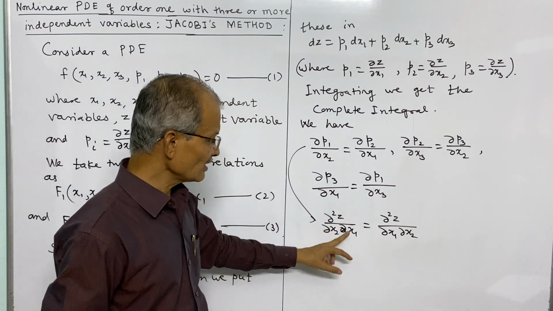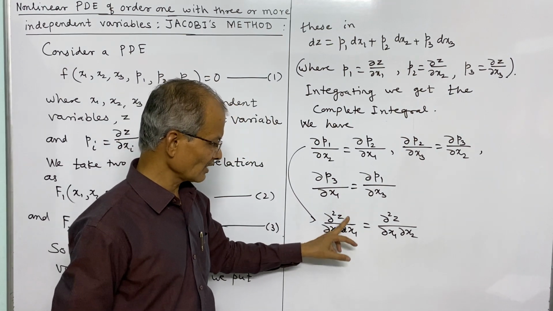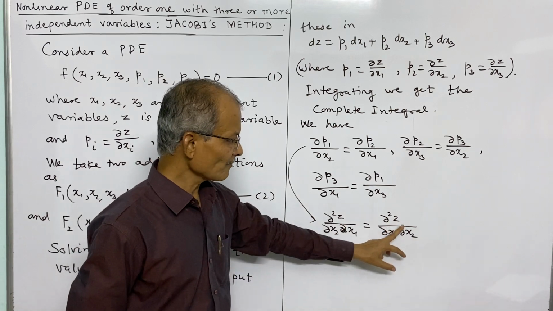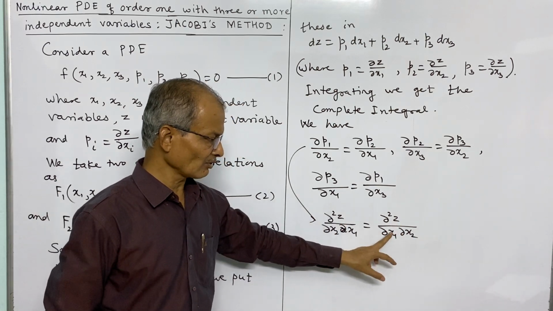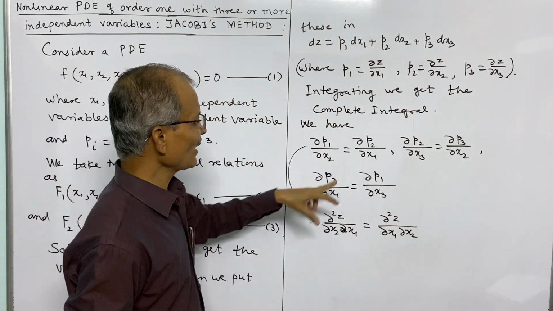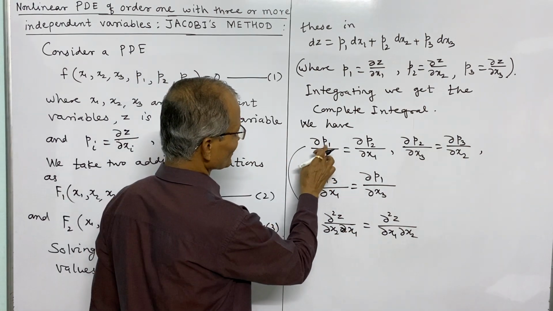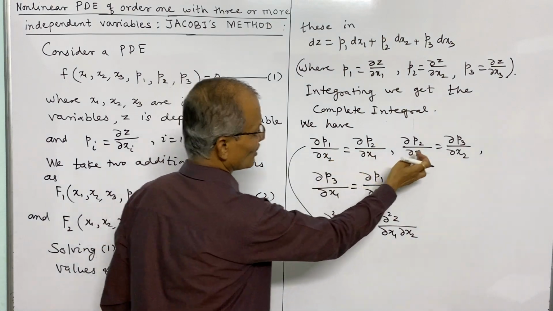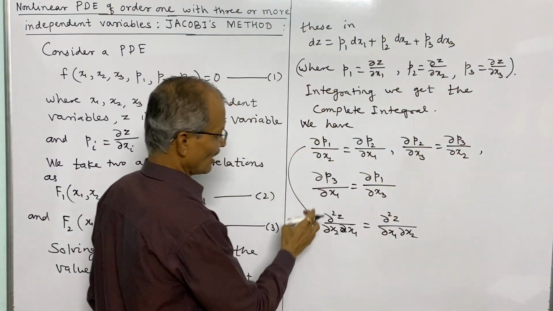Here z is differentiated partially with respect to x1 then with respect to x2, and here first it is differentiated with respect to x2 and then with respect to x1. So this is the same, and you may verify that only the suffixes are interchanged: P1 2, here 2 1, 2 3, 3 2, and so on.